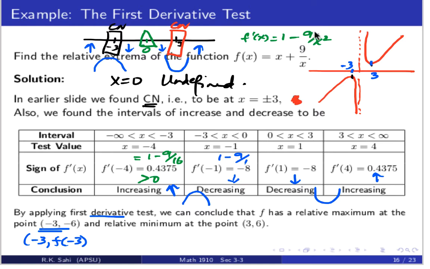You plug in the value: f of x is x plus 9 over x, so it's -3 plus 9 over -3, which is -3 minus 3, that is -6. Similarly, by the first derivative test, the function has a relative minimum at the point (3, 6).